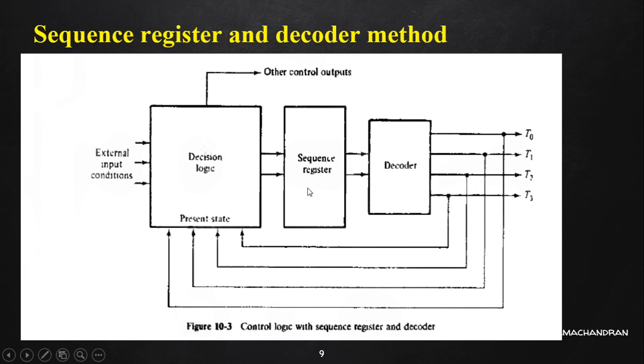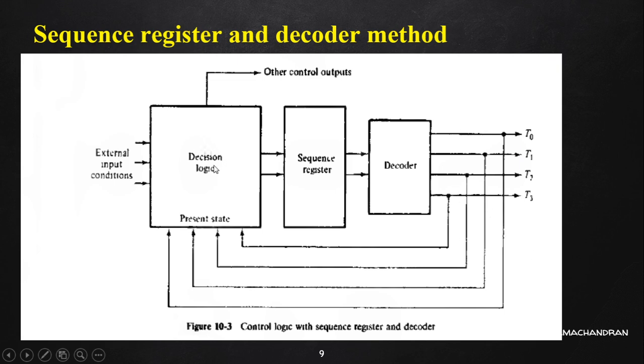Suppose our sequence register has a capacity of 4 bits. In that case, the system can represent a total of 2 raised to n, that is 2 raised to 4, equal to 16 different states. That means the decoder output is attached to 16 different states.